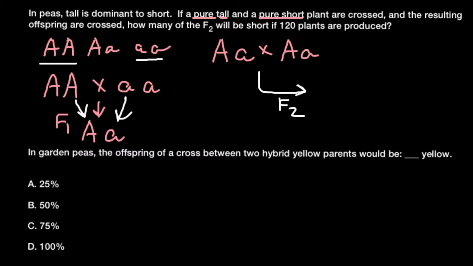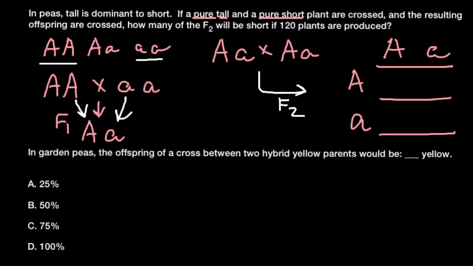When we build a Punnett square, we can find what possible genotypes, phenotypes, and their frequencies we can find in the F2 generation.